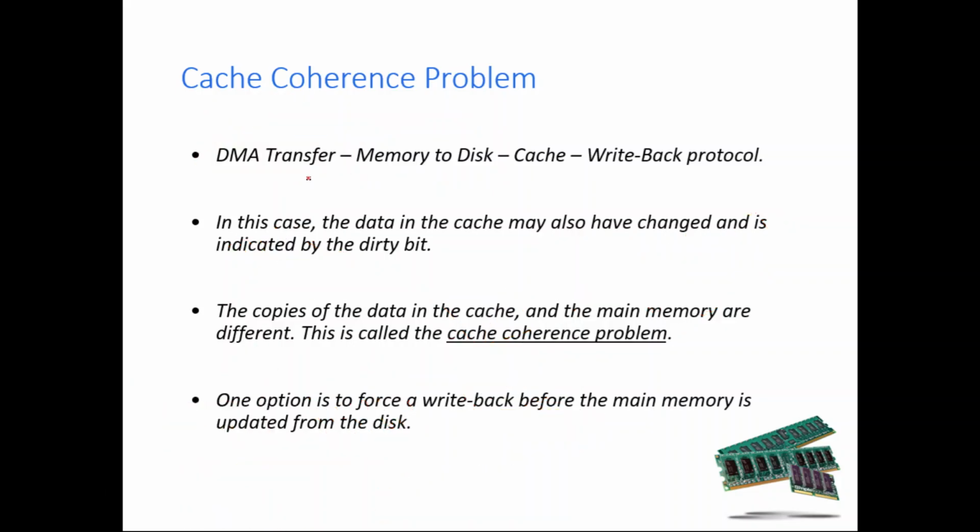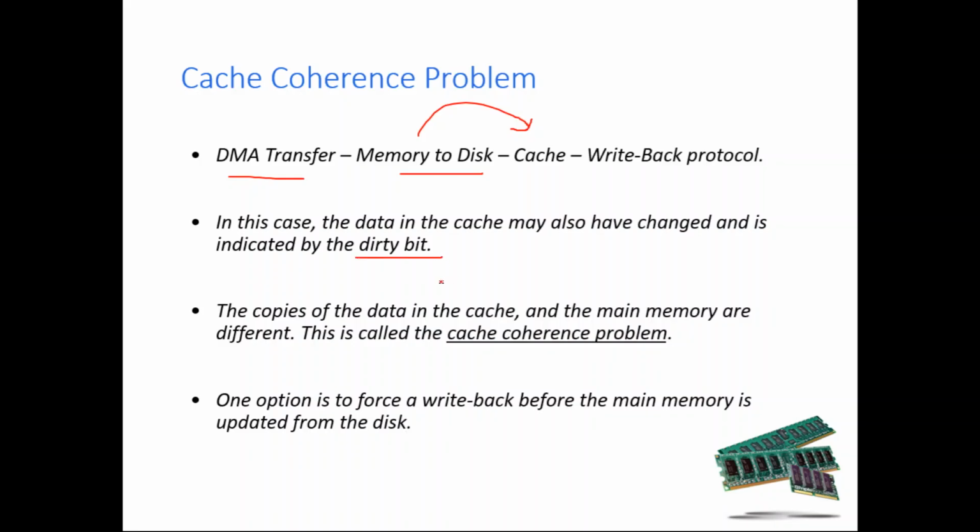So the problem we discussed is that during DMA transfer, the memory content can be directly moved from memory to disk. But assume that block is already available in the cache memory, and the processor has updated that content in the cache, so the dirty bit is set.